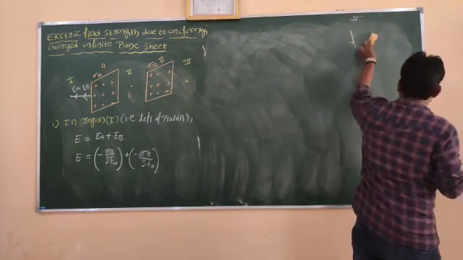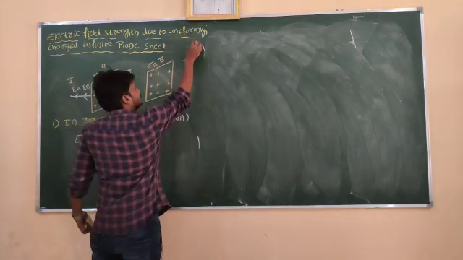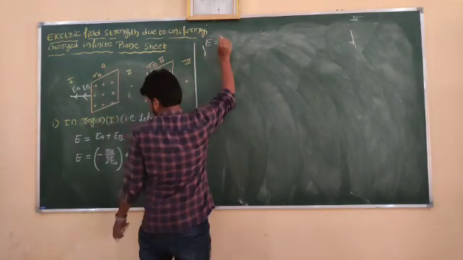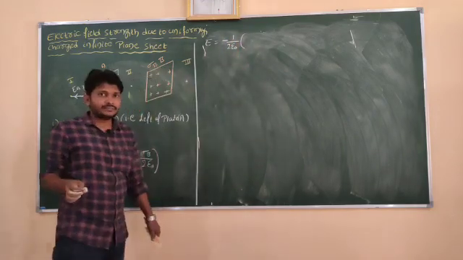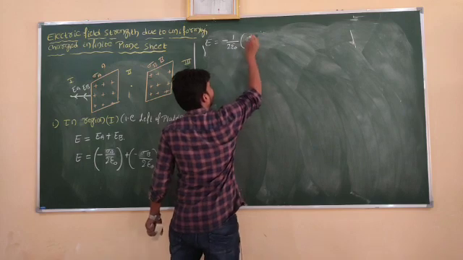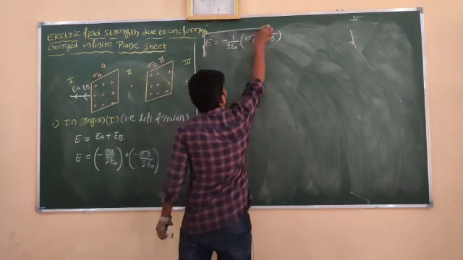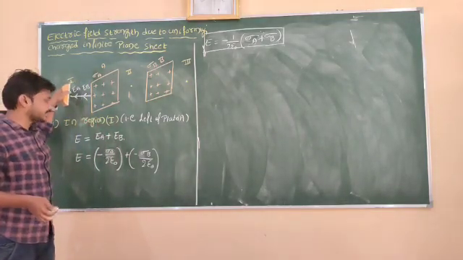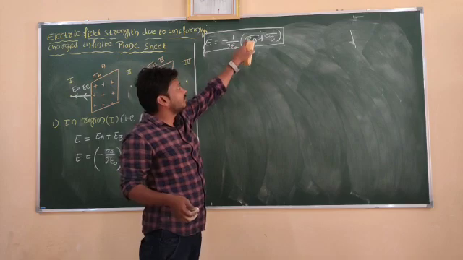Taking it outside, E is equal to minus 1 by 2 epsilon naught, and what remains is sigma of A plus sigma of B. So in the first region, to the left of plate A, the electric field due to the two parallel plates is E equal to minus 1 by 2 epsilon naught times sigma of A plus sigma of B.